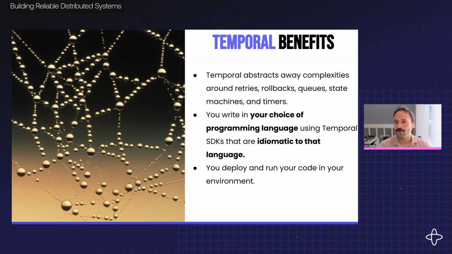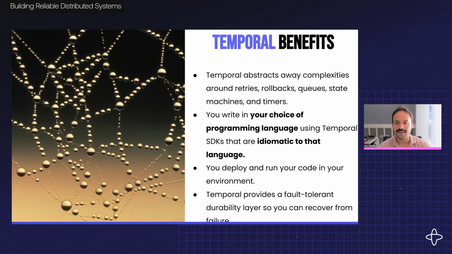And you can use Temporal with sensitive data following a zero trust model where you can actually implement encryption that runs whenever data is sent to and from that control plane, to and from the orchestrator, so that you never have to worry about any sensitive data being decrypted on the Temporal side. All of that happens in your environment, and you have control over how you want to ship that and where you want to stand it up.